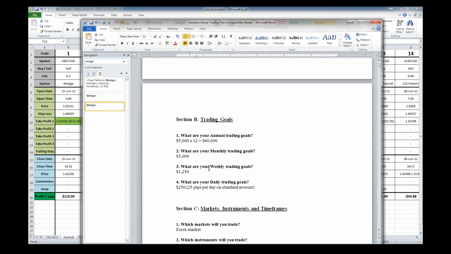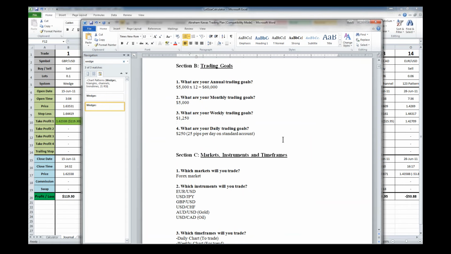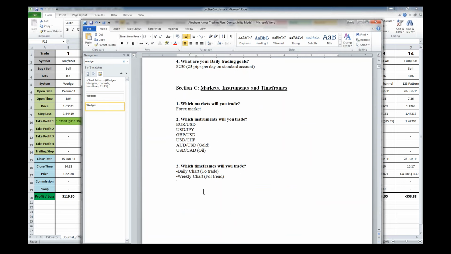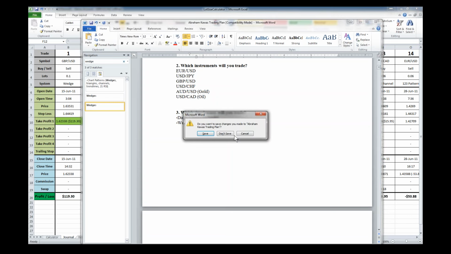His weekly trading goal was 1,250. His daily trading goal was 25 pips on a standard account per day, which we know is doable now. Next week I want to go back to live trading. Then these are the pairs he wanted to trade, and you need to know all this stuff, so I don't think he would mind my sharing it.